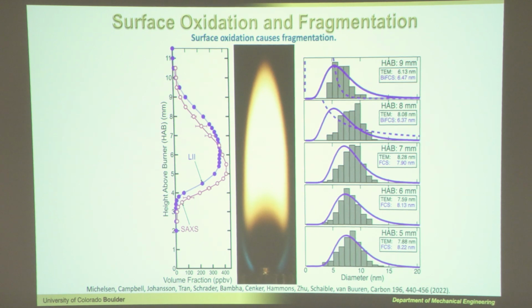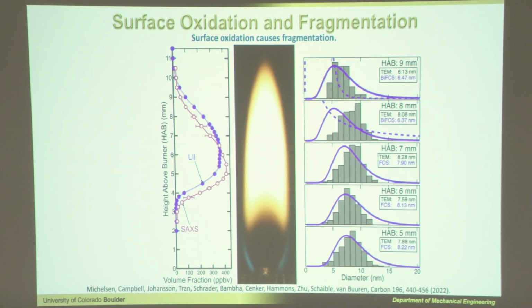So low in the flame, this is going from 5 millimeters up to 9 millimeters. The height scale is actually on the left-hand side of the graph over here. Remember, at 5 millimeters is where we're starting to see mature soot and the highest volume fraction in our LII measurements, right? And we see a nice size distribution.